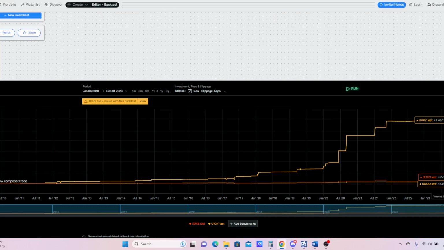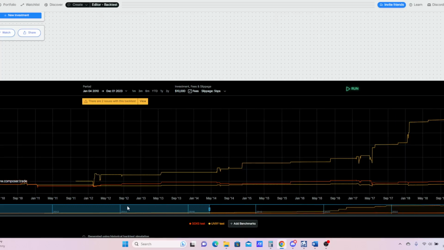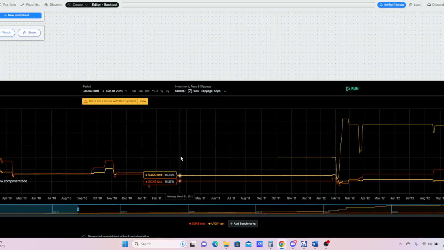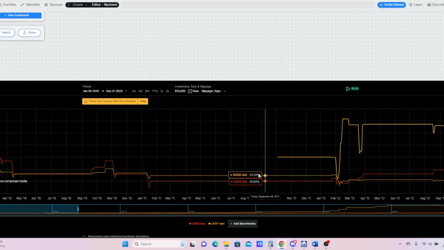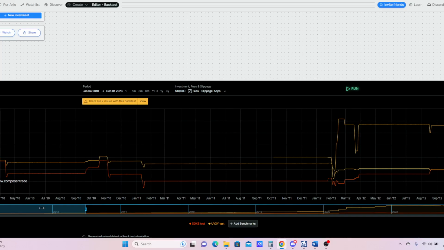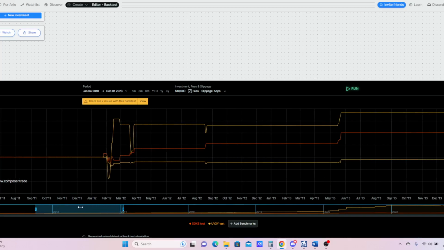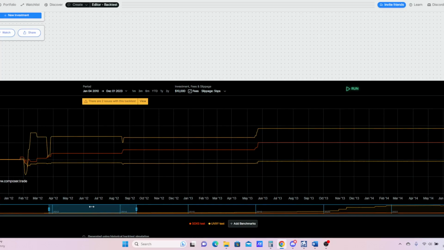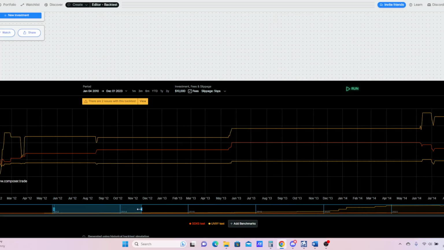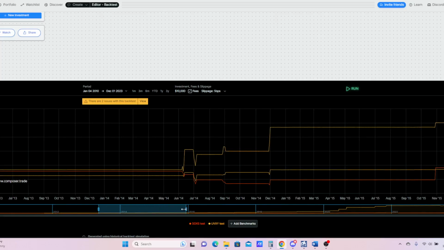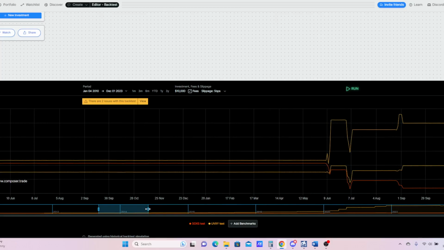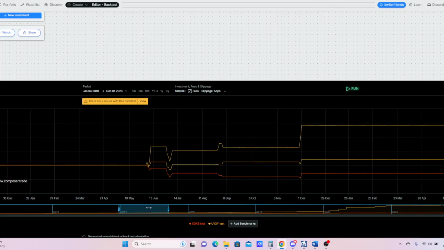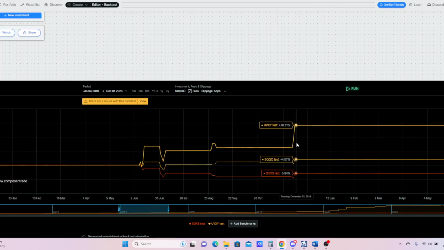The one-day moves are just insane on UVXY when it has those spikes. UVXY started way after, but they all are correlated, that's for sure. Basically VIX futures.